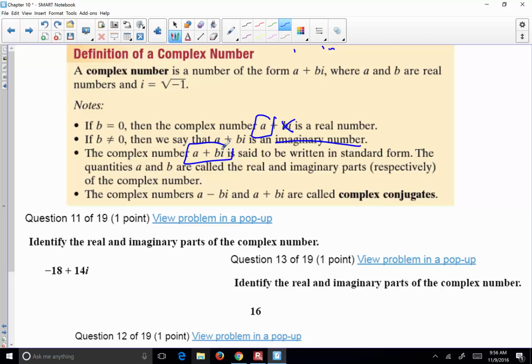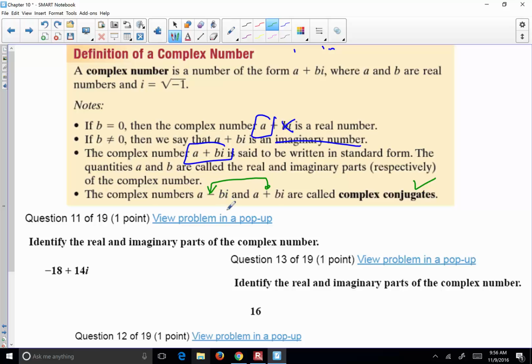I will show you how. And whenever you flip the sign between those two numbers, a and bi, you create conjugates. You're familiar with this term, right? Conjugate means opposite signs in the middle. We've done this with radicals. Remember? You created conjugates and multiplied top and bottom so that you can rationalize the denominator.